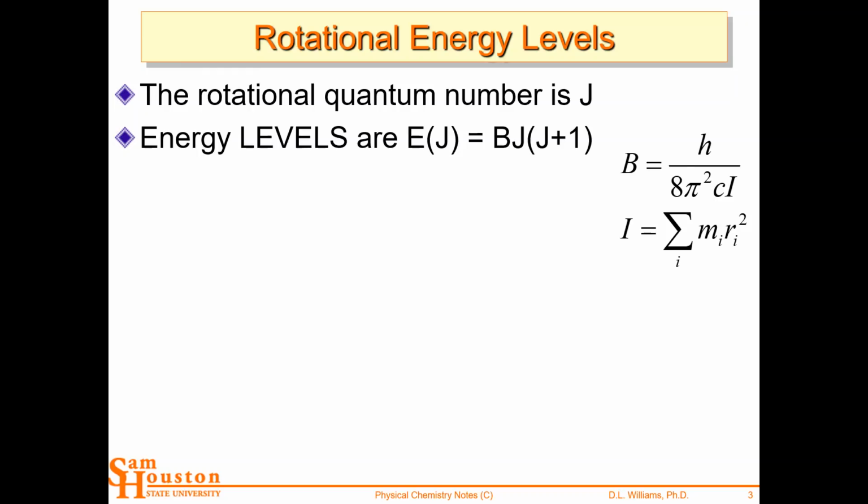Okay, so it's going to be hard to slow it down, hard to spin it up if it's got a lot of mass off the axis, or if it's got a long bond length, or a large size. It's hard to get something big to spin. Very easy to get something small to spin. And so this moment of inertia, the generic term here is mass times the distance from the spinning axis, r squared. So B is the rotational constant.